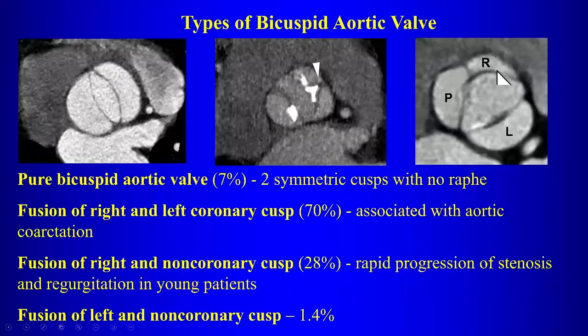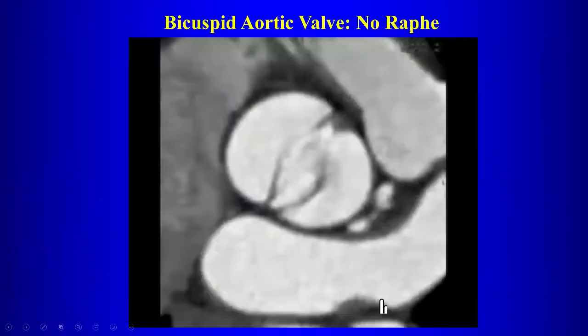Fusion of the right and the non-coronary cusp, that one over here, is the second most common. That can also lead to, of course, aortic stenosis. Well, what's left? Fusion of the left and the non-coronary cusp, but that one is actually quite unusual. That one's only 1.4% of cases. So fusion of the right and left coronary cusp is the most common variant of bicuspid aortic valve.